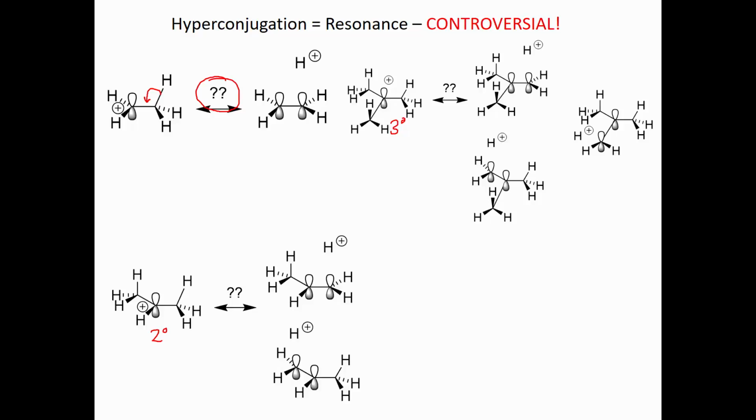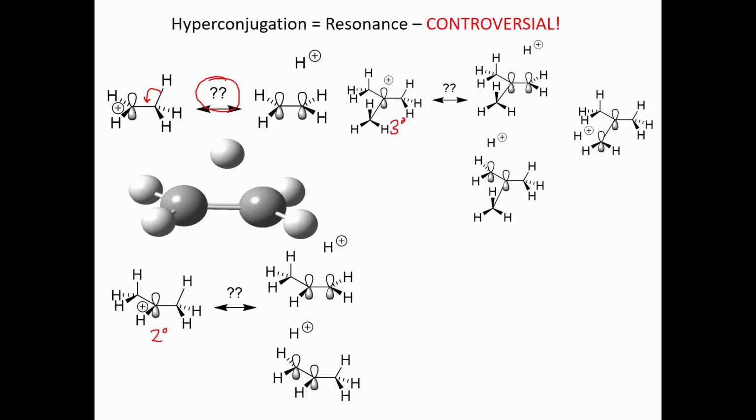Okay, now I did a calculation using a program called Gaussian, and this is the structure of the primary carbocation. We can see how it really does it justice, right? Because here there's our H plus, kind of just somewhere out in space.